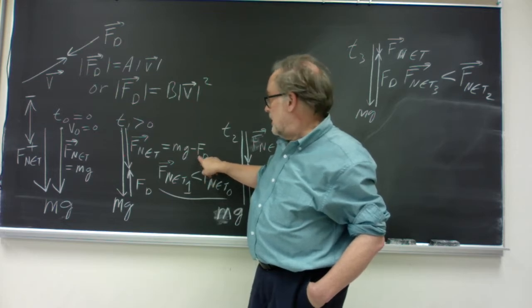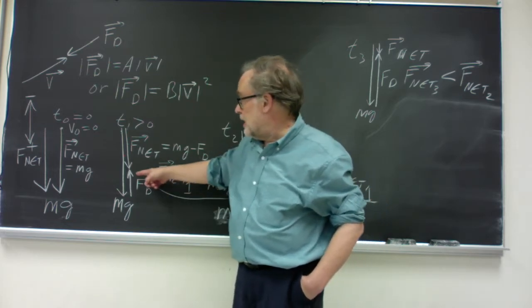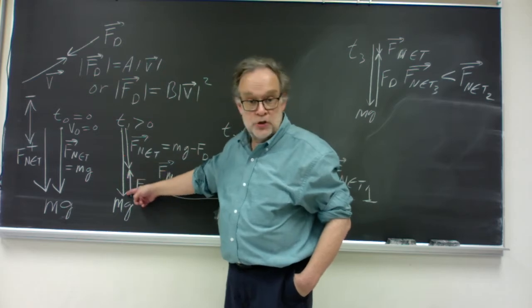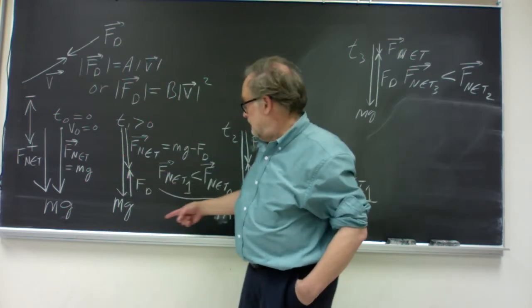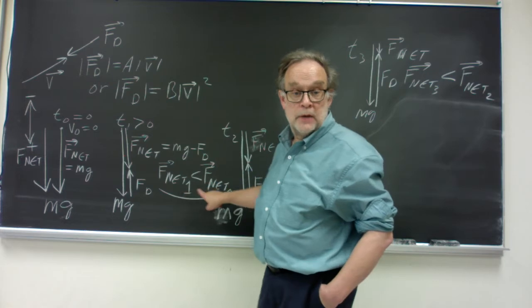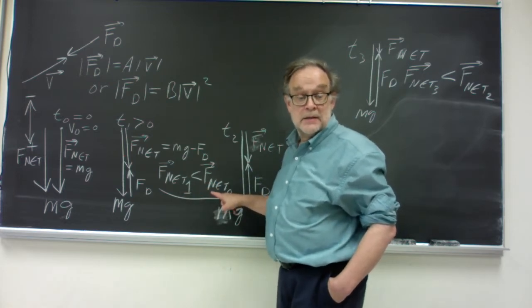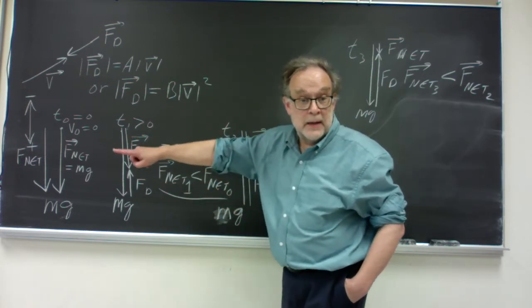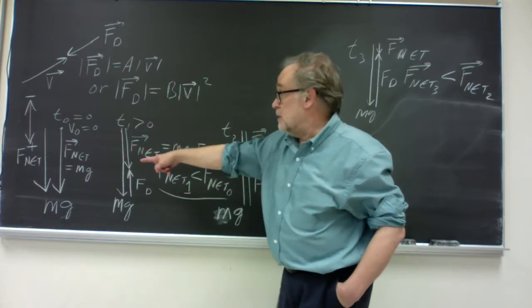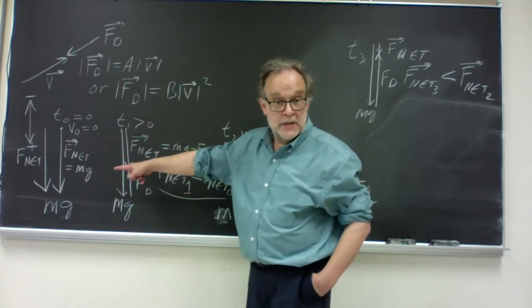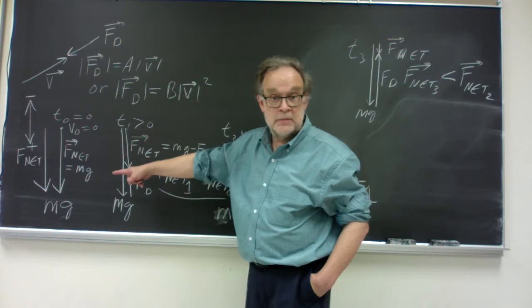And because now drag force has subtracted away, canceled away some of the original downward force from the weight, the net force at time 1 is less than the net force was way back at the beginning. Way back at the beginning, the net force was the weight, exactly the same as the weight, m times g.